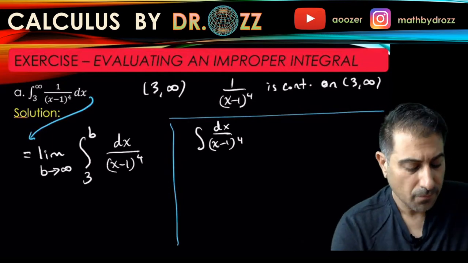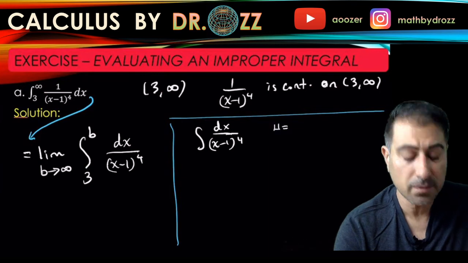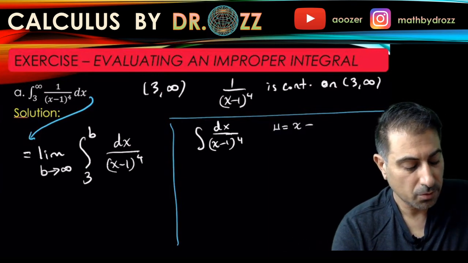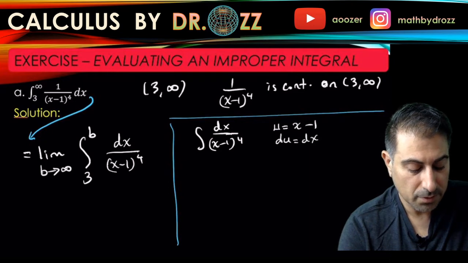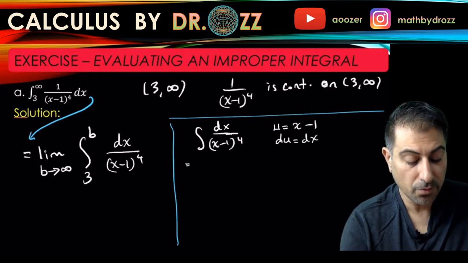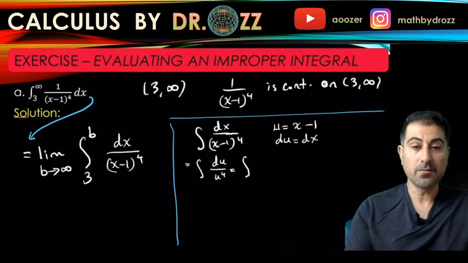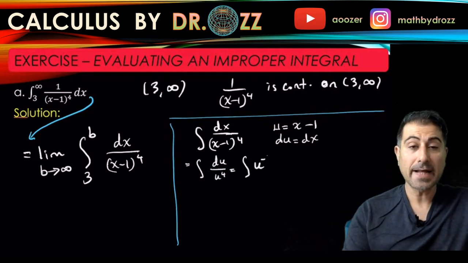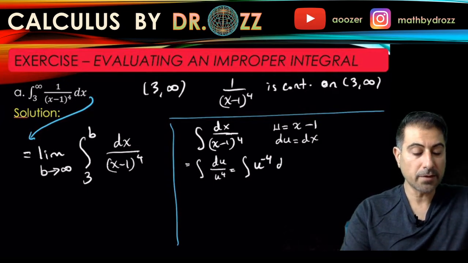Okay, first, let's use the u substitution here, u equals x minus 1, so that du equals dx. Okay, so this integral turns out to be du over u to the fourth, or I can write it in power form, u to the minus fourth du, so that I can use the power rule for integration.